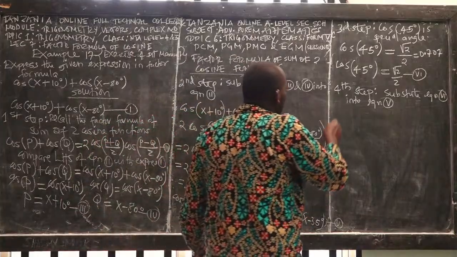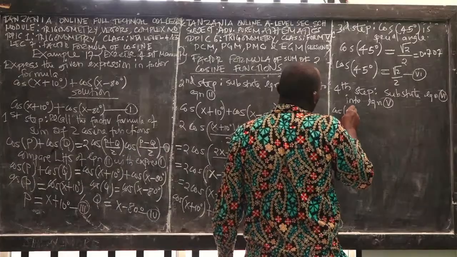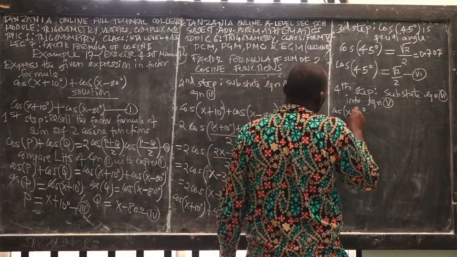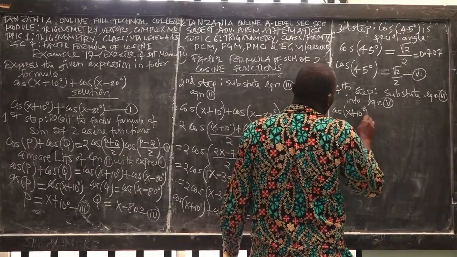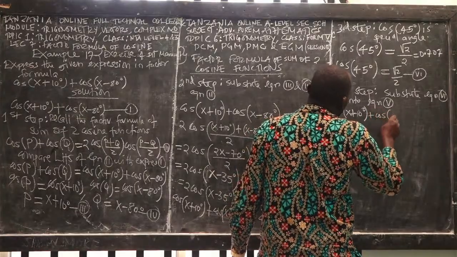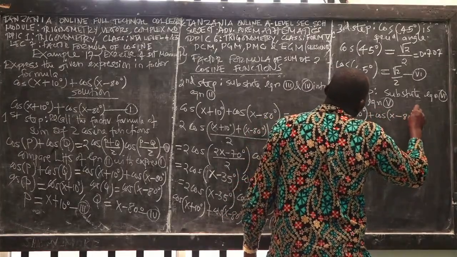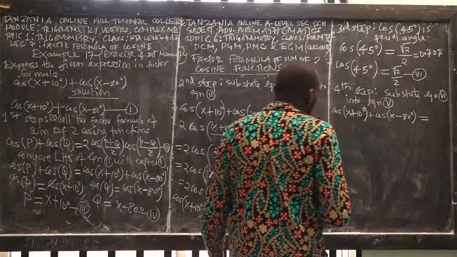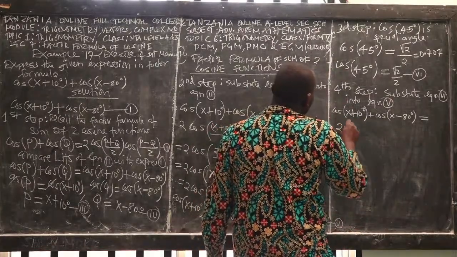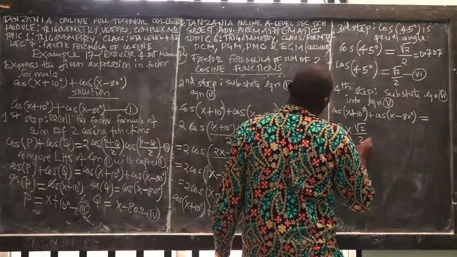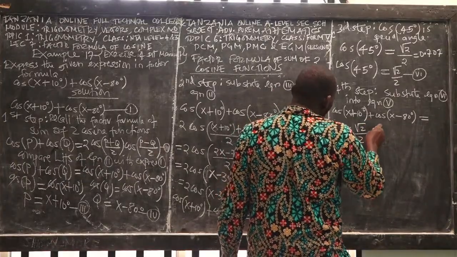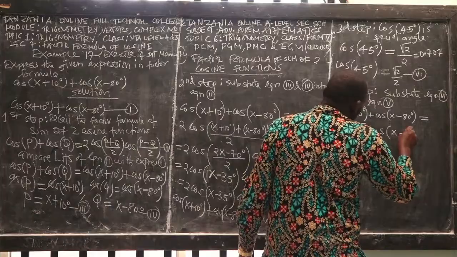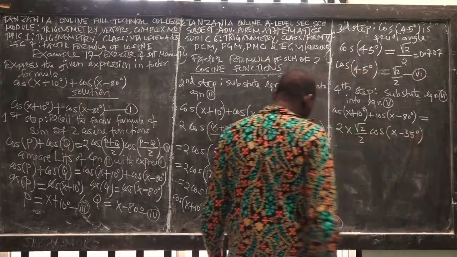So left hand side, we've been given what? Cosine of x plus 10 degrees plus cosine of x minus 80 degrees. This is equal to what? Is equal to twice multiplied by under root of 2 over 2. Then we have cosine of x minus 35 degrees.